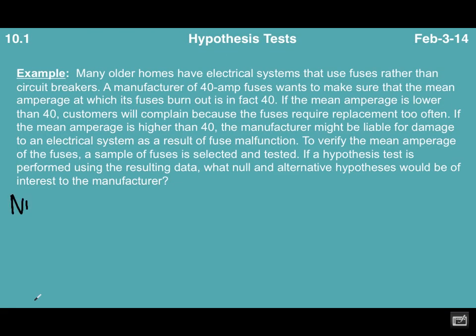Okay, so first one, null, or H0. Remember that this one's always equal to. We are looking at mean amperage. So mean, that means mu. We're going to assume that these fuses properly function, so we're going to assume that the mean is actually 40.